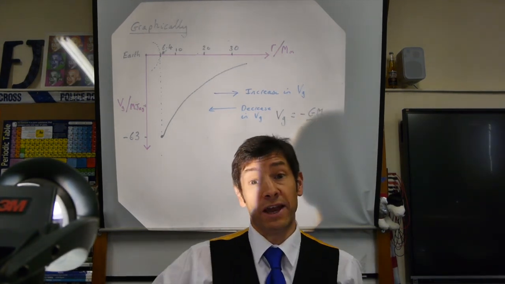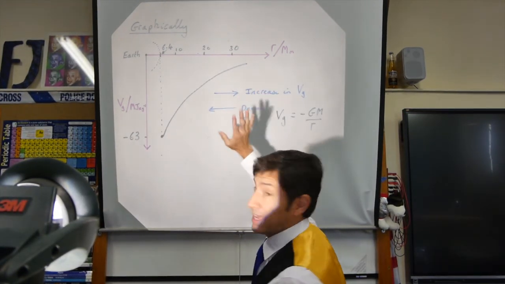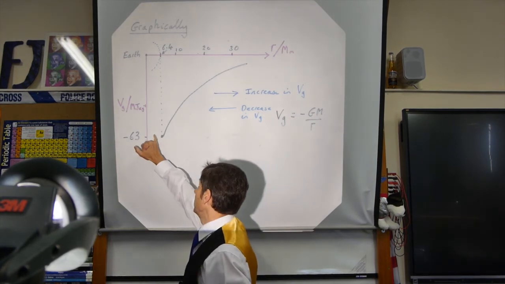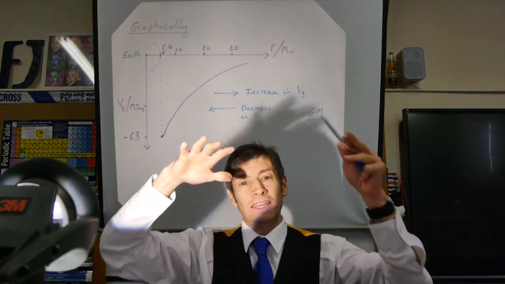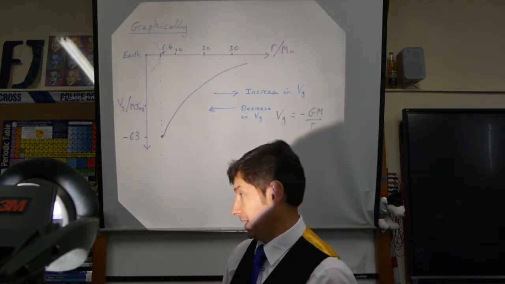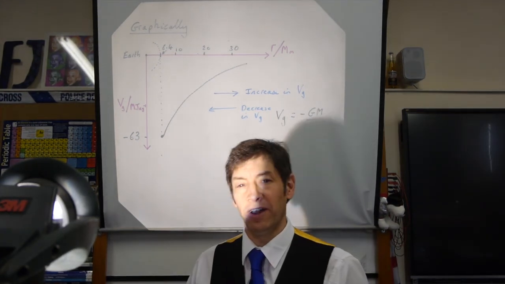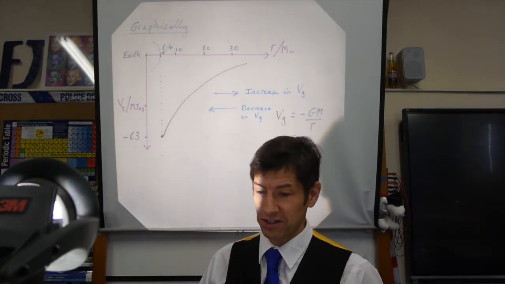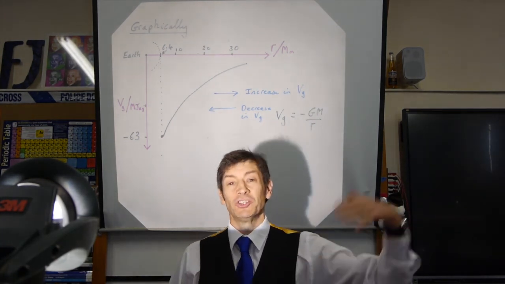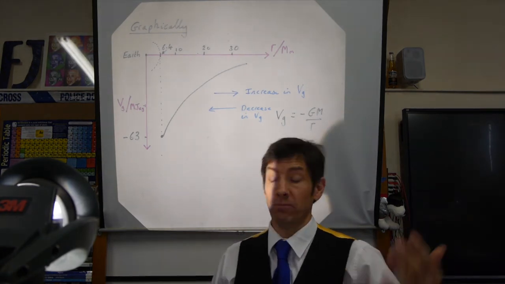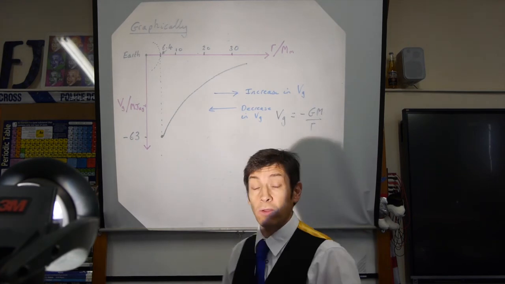So maybe pause there and see if you can get your head around this graph and how I managed to sketch it. And clearly I'm not messing around here because we haven't talked about the nature of the field inside the Earth. But in a minute we need to do this a little bit differently, because if we're rocket scientists, the likelihood is we're going to be going from one large gravitational mass to another one, like from the Earth to the Moon, or maybe in my lifetime, or even yours, probably yours, going to Mars.